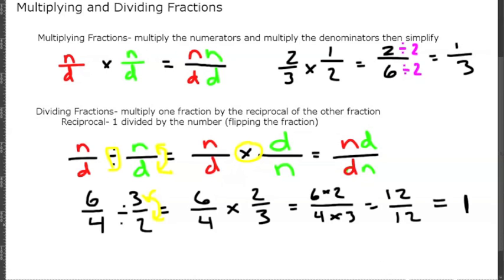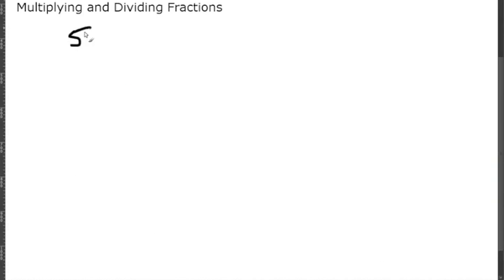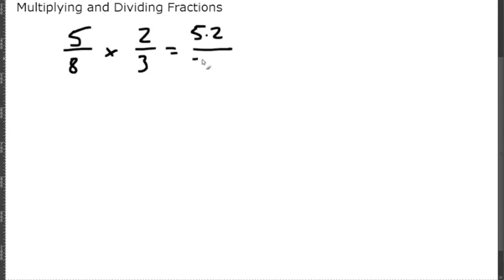Let's look at a few more examples. So we're going to do 5 over 8 times 2 over 3. So this is just going to be 5 times 2 all over the denominators multiplied together, 8 times 3. So that's going to be 10 over 24. But 10 and 24 we know can be simplified.